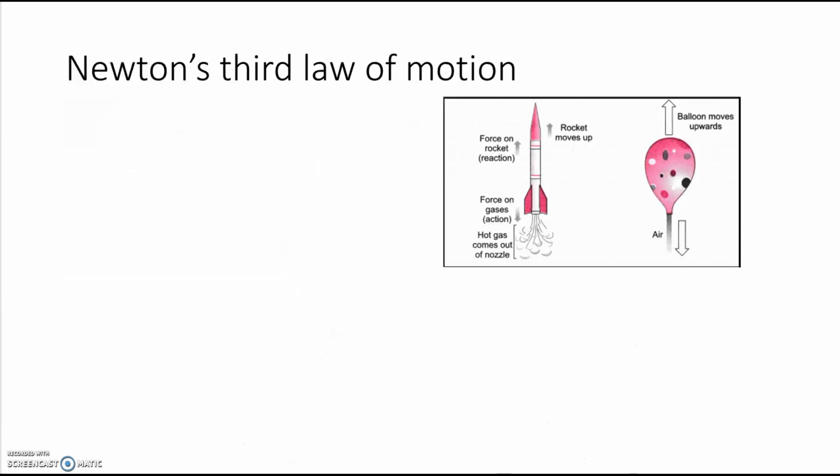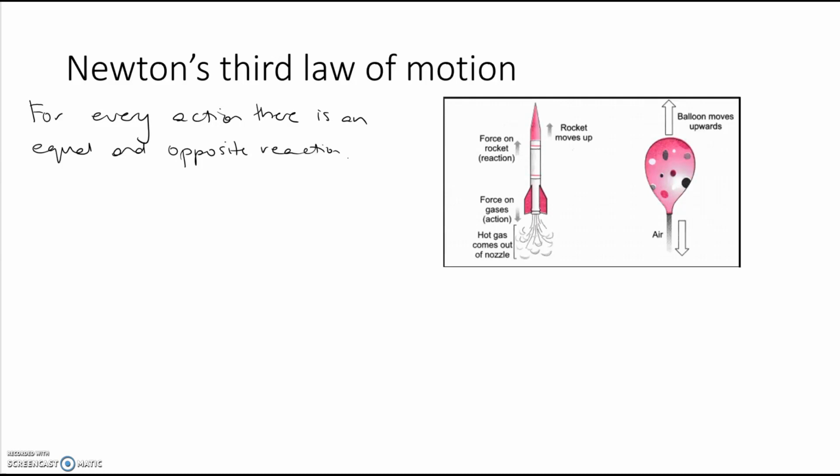His third law is the one that's possibly the most well known, and it says for every action there is an equal and opposite reaction. And the reaction force results from the action force.